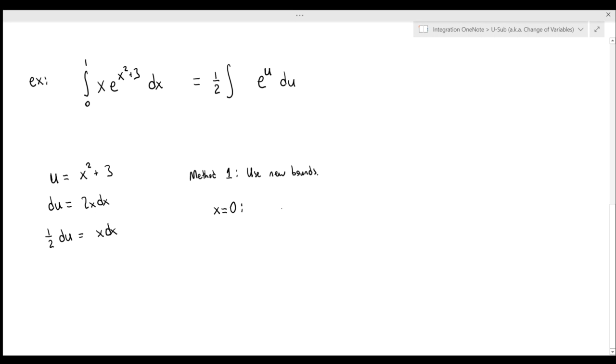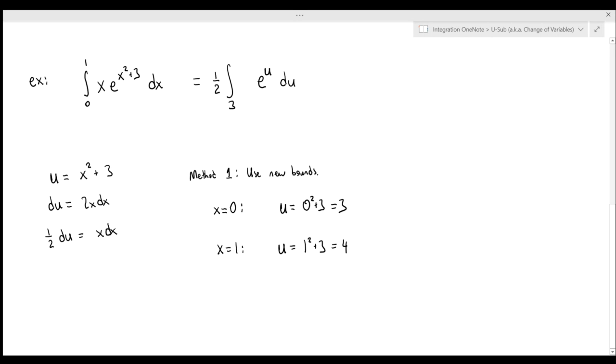So if x is 0, u is going to be 0 squared plus 3. Okay, so that will give me the new lower bound with respect to u. And then looking when x is equal to 1, u is going to be 1 squared plus 3, which will be equal to 4.